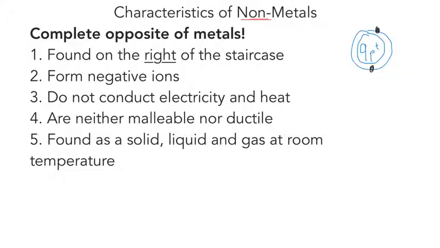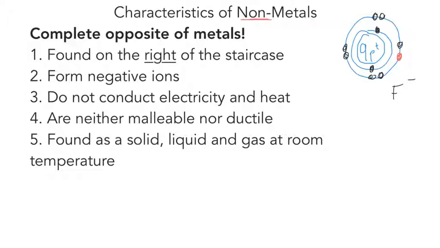And on the second shell, it's going to have 7 electrons. So as it wants to get a full last shell, a full octet, it's going to gain 1 electron. So as a result, it would have a -1 charge.